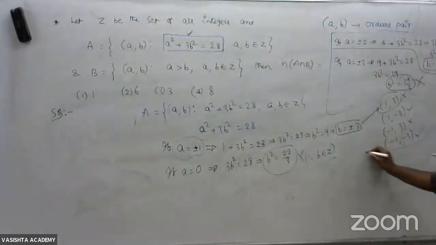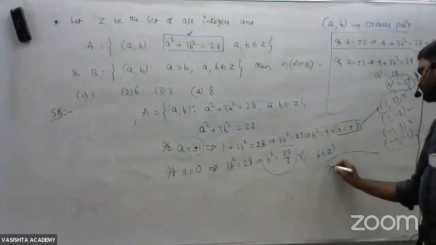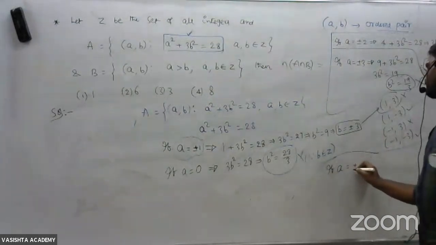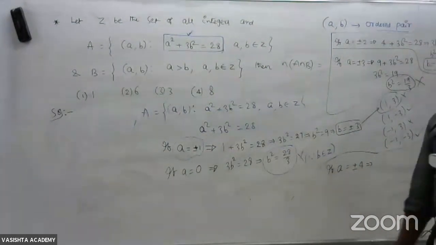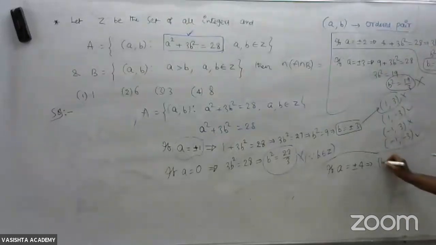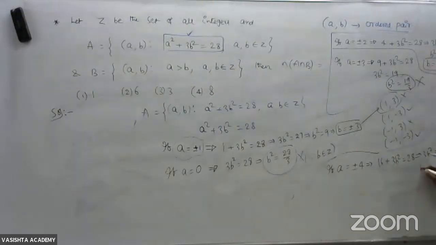Let us try another value. If a equal to plus or minus 4, it will be 16 plus 3b square equal to 28. Now 3b square equal to 28 minus 16, 12. Now b square equal to 4. So definitely b equal to plus or minus 2.